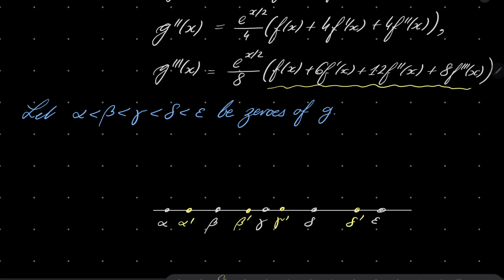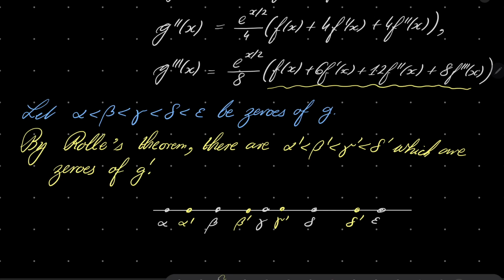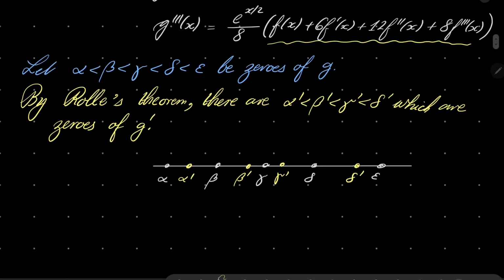By Rolle's theorem, there are alpha prime, beta prime, gamma prime, delta prime, which are zeros of g prime. Okay, so g prime has at least 4 distinct zeros.